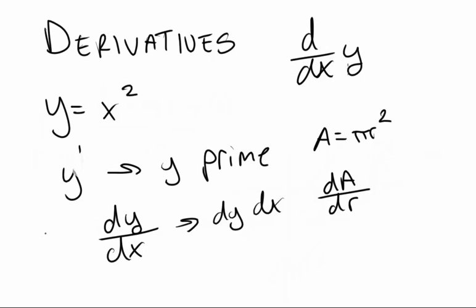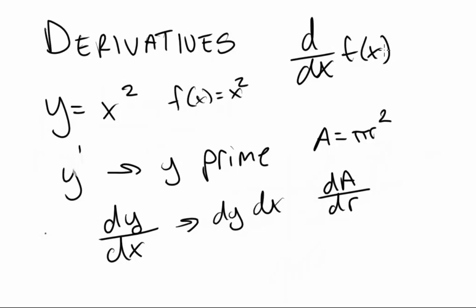It also allows you to have something like, instead of y equals, what if it was f of x equals x squared? Then you can say d dx f of x, to say calculate the derivative of f of x. So it's kind of like function notation, like in trigonometry, sine of x and stuff like that. It's not d dx times f of x, it's d dx of f of x.